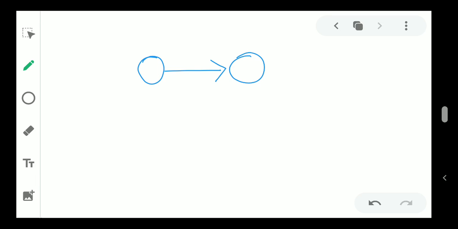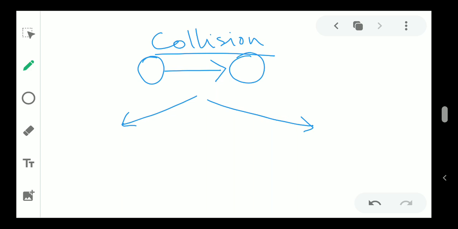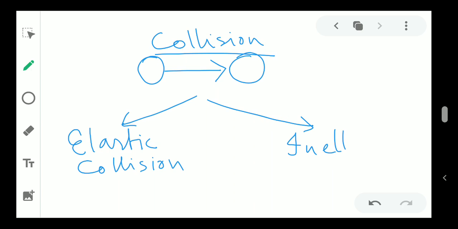There may be many cases, and based on their energy conservation, we have categorized them in two ways. So collision is actually categorized in two different sections. One is elastic collision and one is inelastic collision.